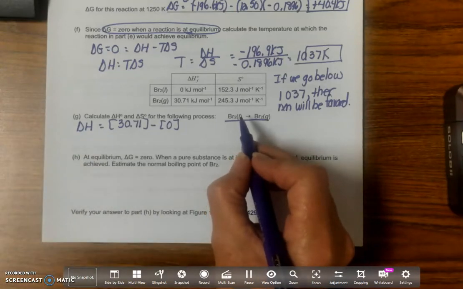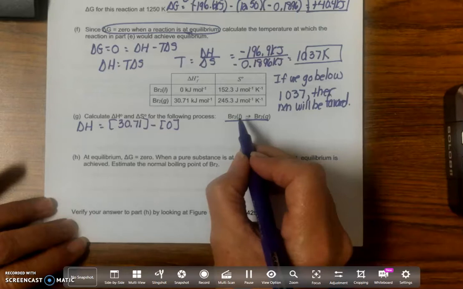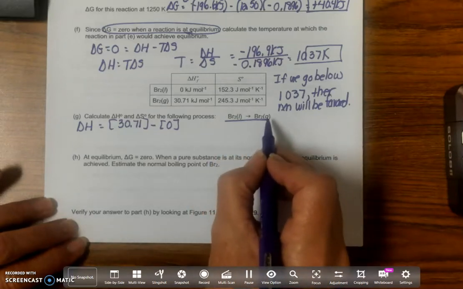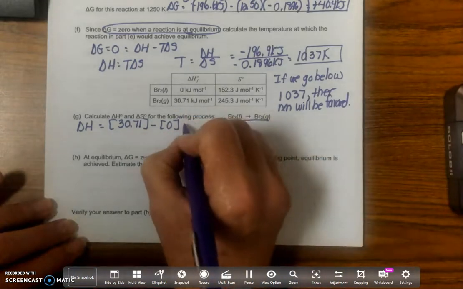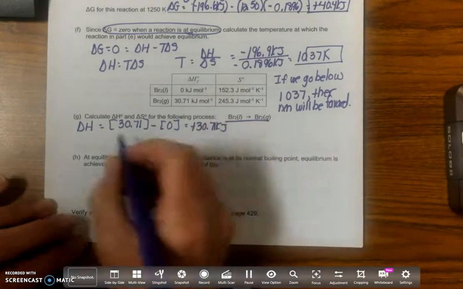You'll see this with iodine also. The elemental form is a solid. So make sure you're very careful, especially with the diatomics, what state you're looking at, because this would not be 0, but this one is 0. And that is going to be plus 30.71 kilojoules.